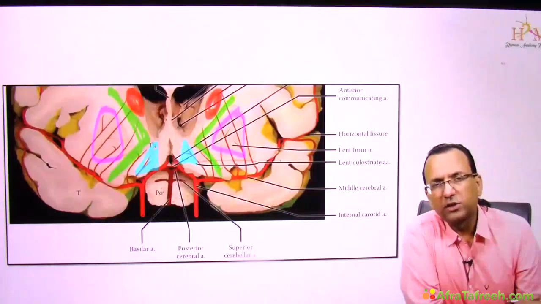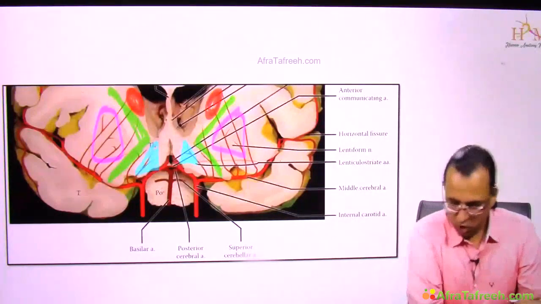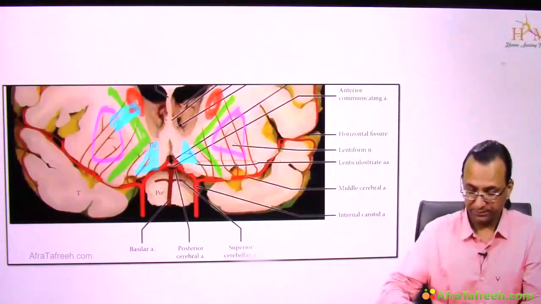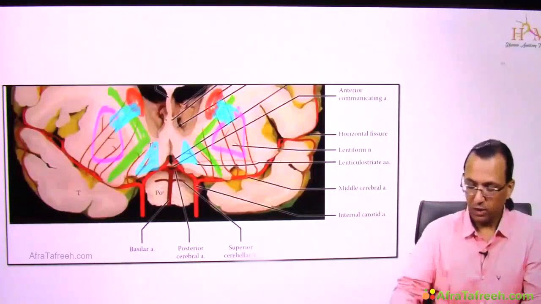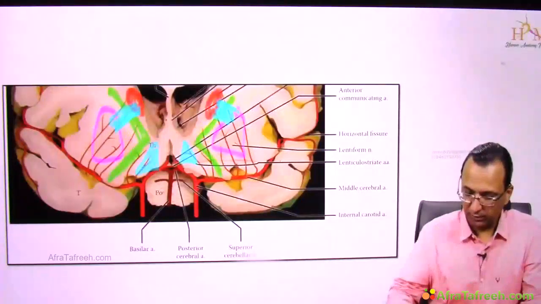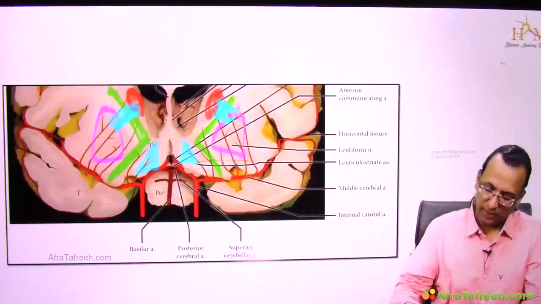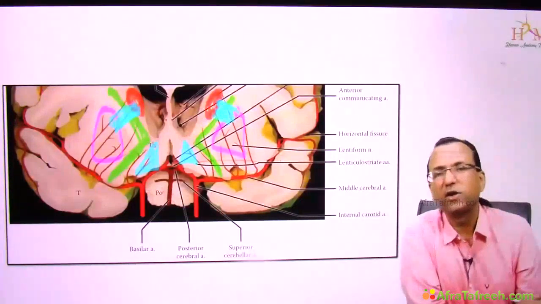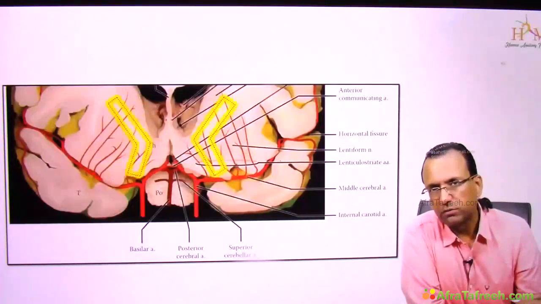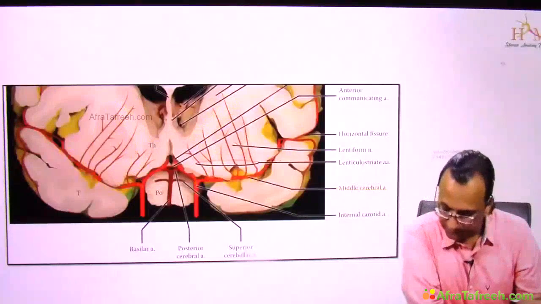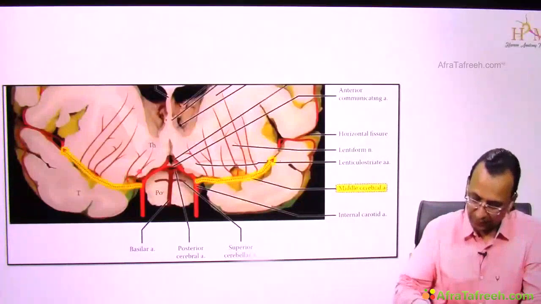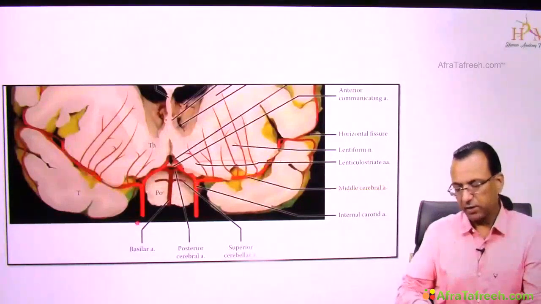What I want is to discuss the arterial supply to the basal ganglia. This is the striatal part, caudate plus putamen, and this is the lentiform, with the lenticulostriate branches. This is the internal capsule, this is the middle cerebral artery, and this is the internal carotid artery giving off the middle cerebral artery.